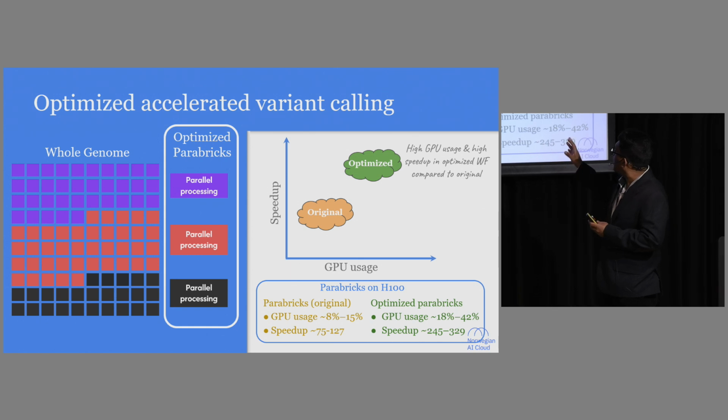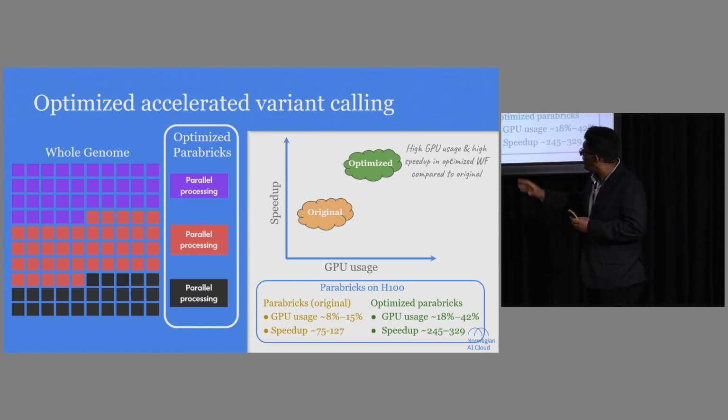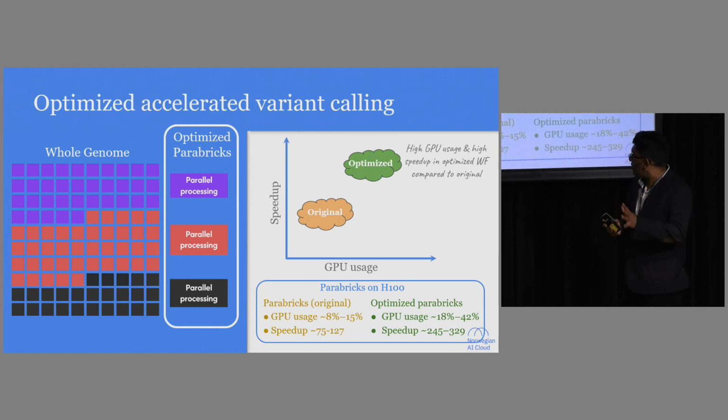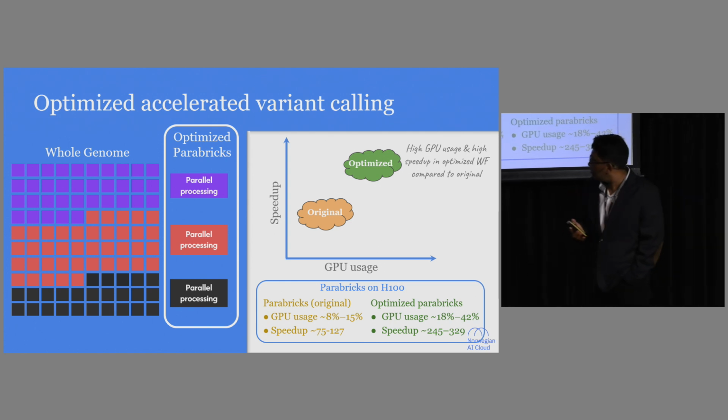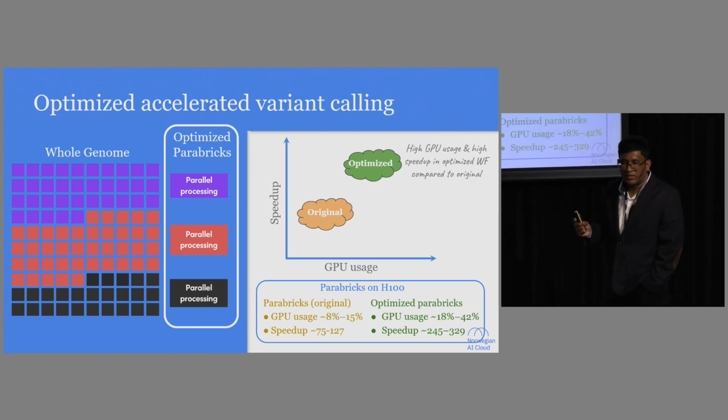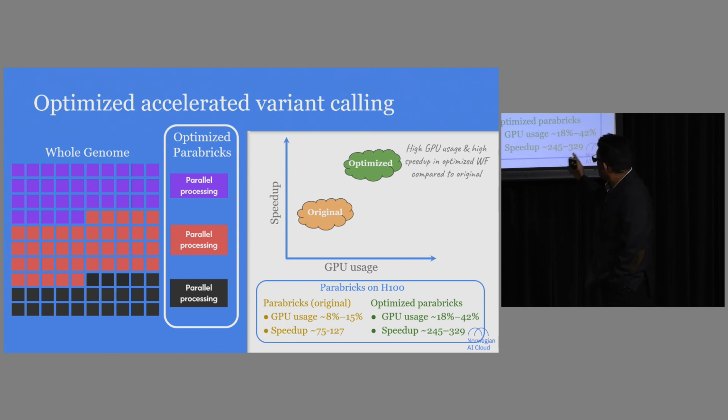So you can see the mapping and variant calling with the original Parabricks workflow used 8 to 15% of the available GPUs, and reported speed up of 75 to 127. But when we compare with the optimized workflow, GPU usage was much higher.